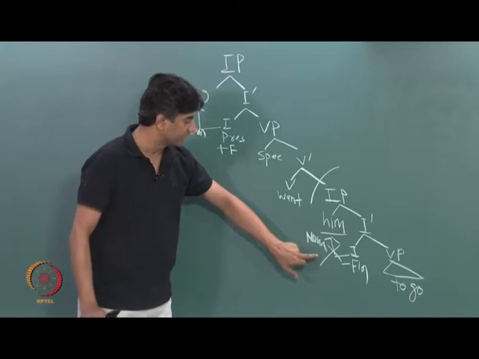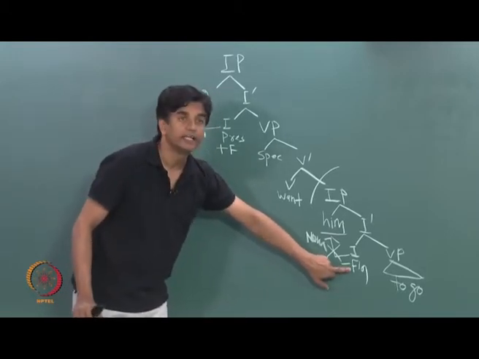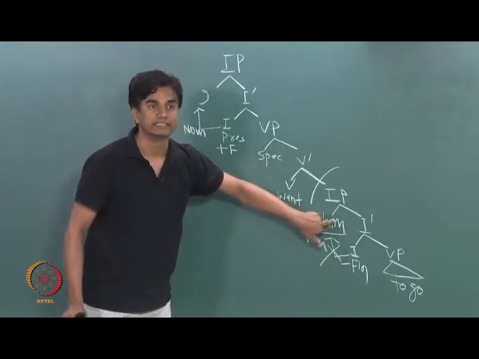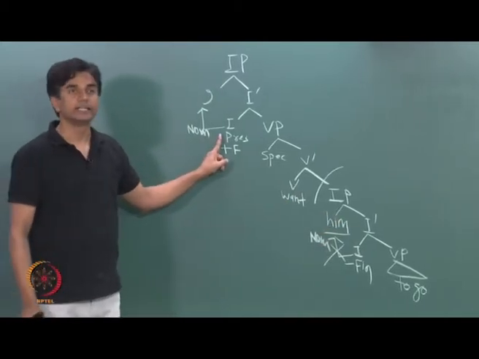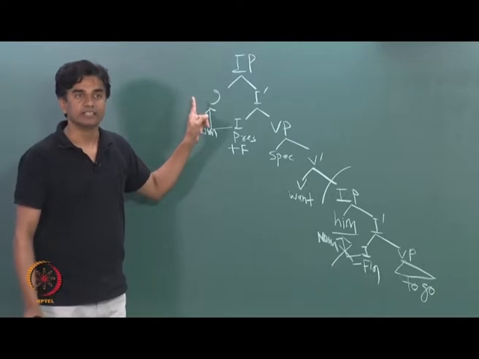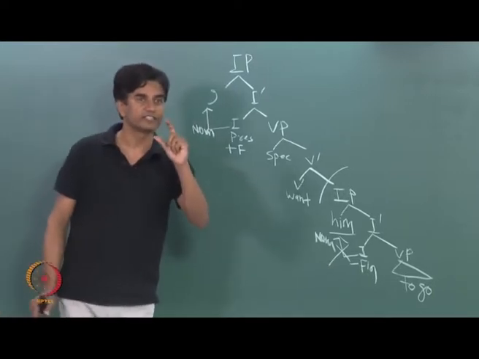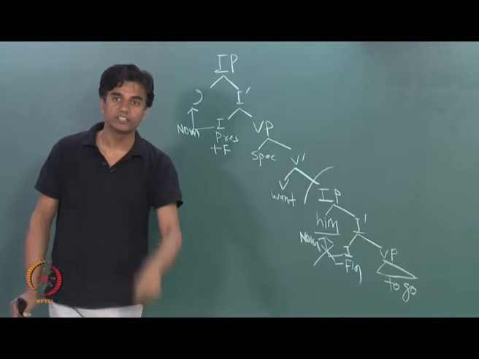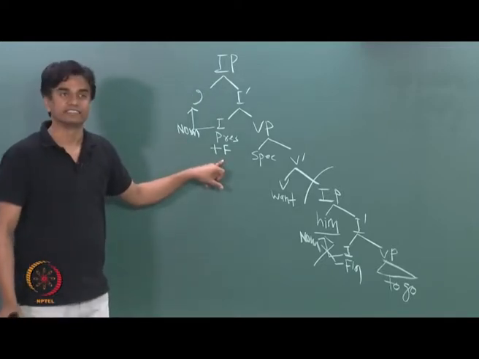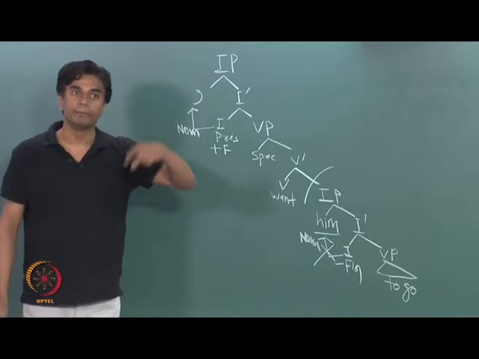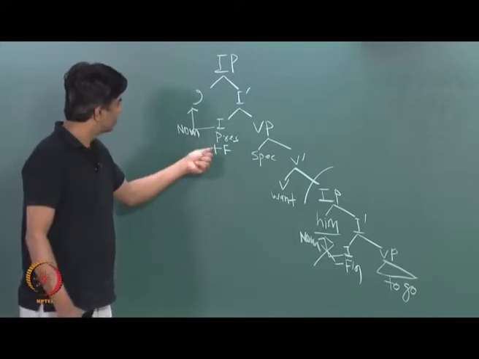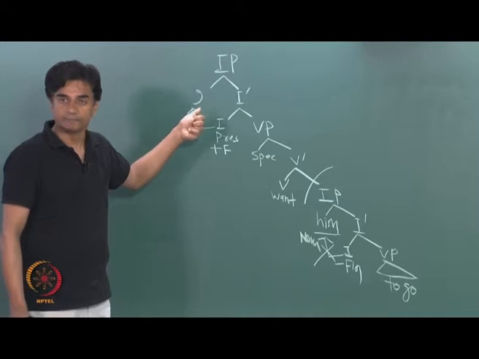Once we are clear that this I does not assign nominative case to this NP, then we know what it is about I that assigns nominative case. It is not just the I which assigns nominative case. What assigns nominative case actually is the finiteness, is tense, and other features which are bundled under it, which is responsible for nominative case.